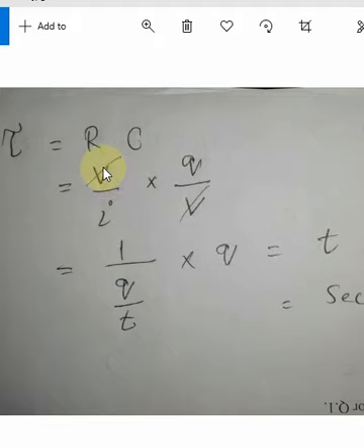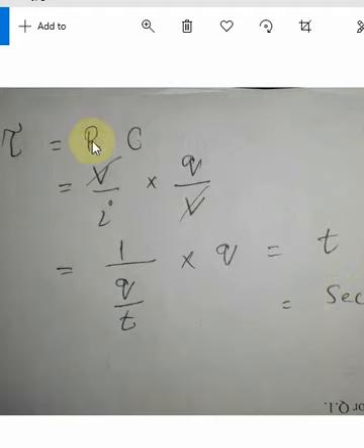So when these similar terms get cancelled, by cancelling both the V's, we get here 1 over I, and I is equal to Q over T, and here we get Q. So Q and Q get cancelled and T comes to the numerator. So it means that this capacitive time constant tau has the dimensions of time, and its unit will be second.